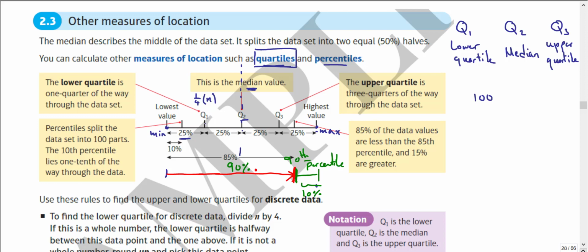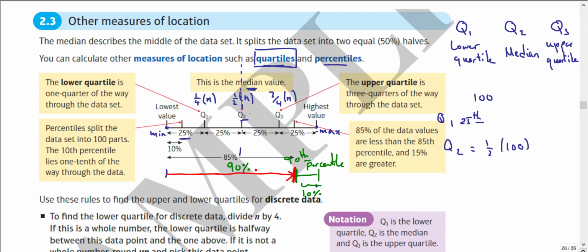So Q1 would be at the 25th position. How about Q2? Q2 will be 50, half times 100, so it's half times n. Q3, 3/4, is 75. So now you know what Q1, Q2 and Q3 are.